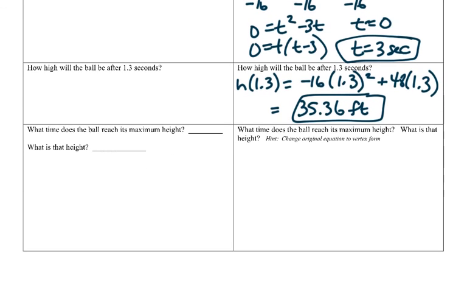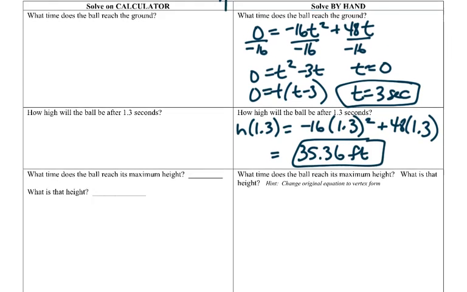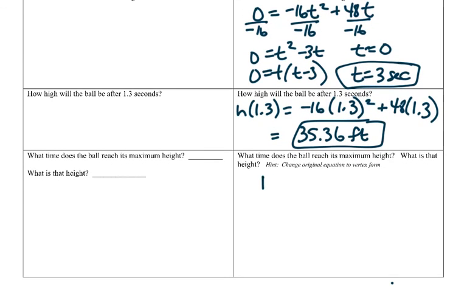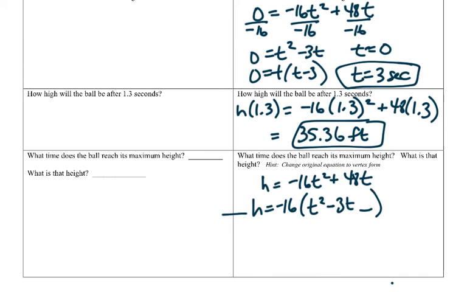What time does the ball reach the maximum height? Now you're changing the original equation to vertex form. So negative 16t squared, I'm just going to make it h equals negative 16t squared plus 48t. So I'm going to factor out that negative 16. That changes it to t squared minus 3t. Half the middle term squared. Half of 3 is 3/2. Squared is 9/4.